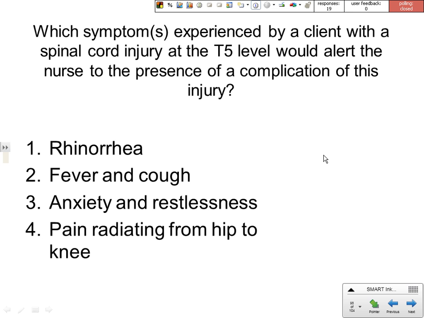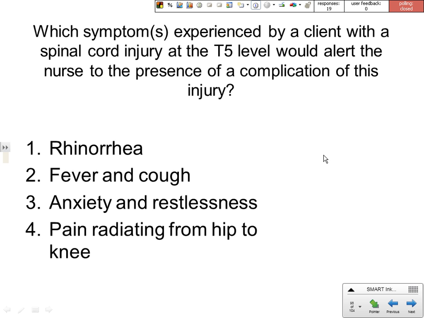Well, cervical, you're having problems with respiratory muscle, but you're still going to have some issues with your lungs, right? So anxiety and restlessness isn't going to be as big a problem. It's not going to be an indication of a problem as much as fever and cough. Because what is fever and cough going to tell you? Infection, pneumonia.